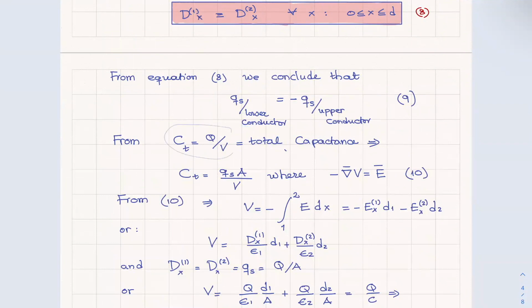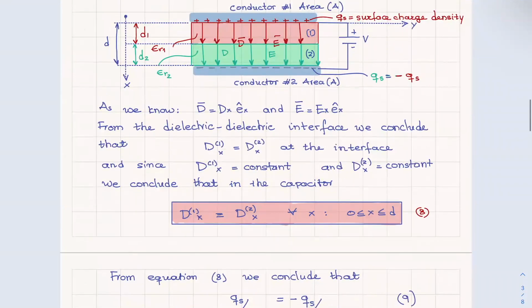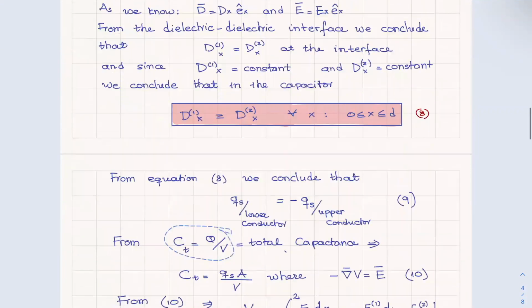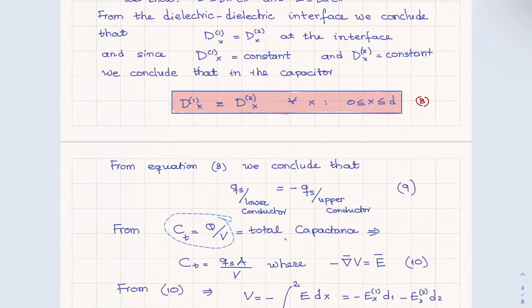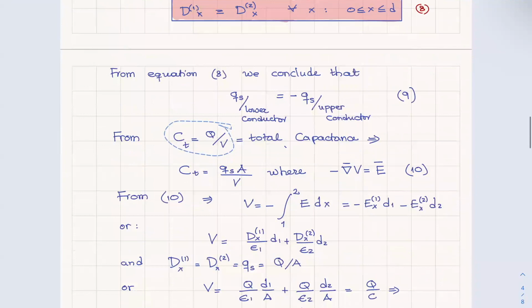Now, what we know is the total capacitance for this structure, which is two conductors with two dielectrics, is going to be the ratio of the total Q that is delivered by the source divided by the voltage. And how much is the total Q? Qs times A over V. So total Q is Qs times A over V gives the total capacitance.